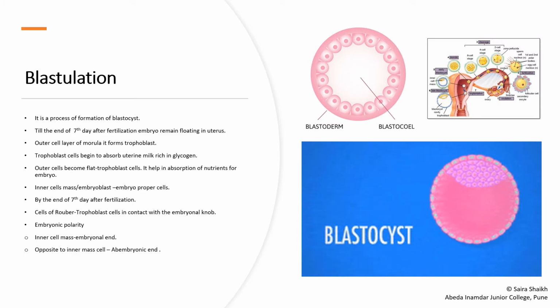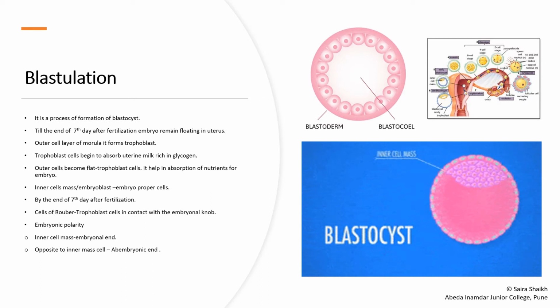Trophoblast cells now start absorbing uterine milk, a nutritive fluid rich in glycogen. After absorbing uterine milk, the trophoblast cells become flat, and this helps in the absorption of further nutrients for the growth of the embryo.